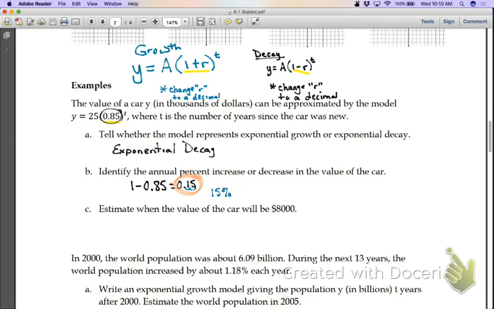So it says estimate when the value of the car is going to be about $8,000. So first off, let's figure out, to kind of give us a ballpark, how much am I going to lose in the first year? So T represents the number of years.